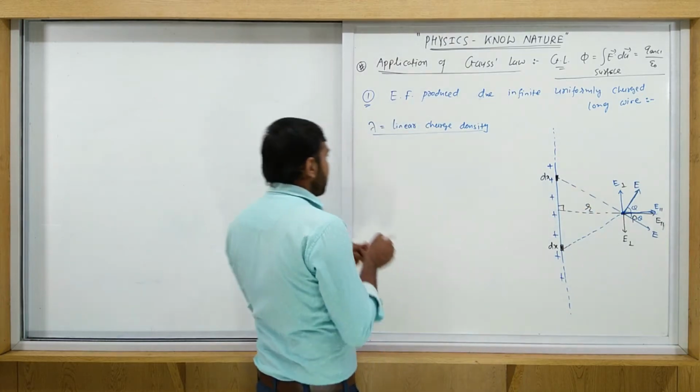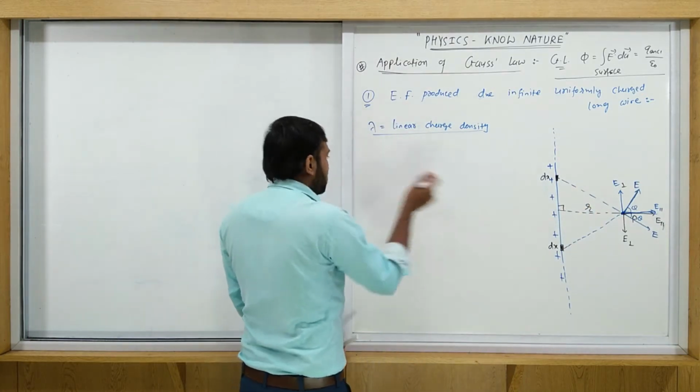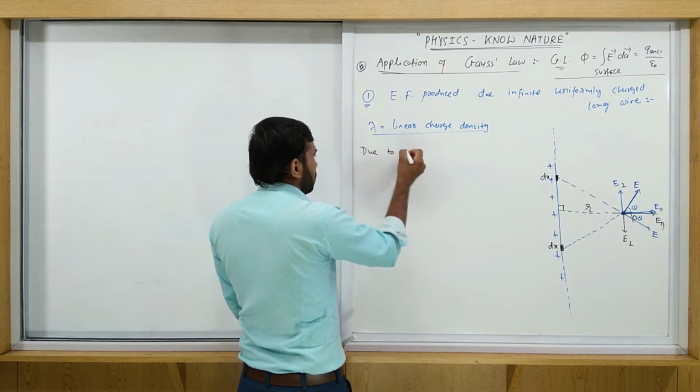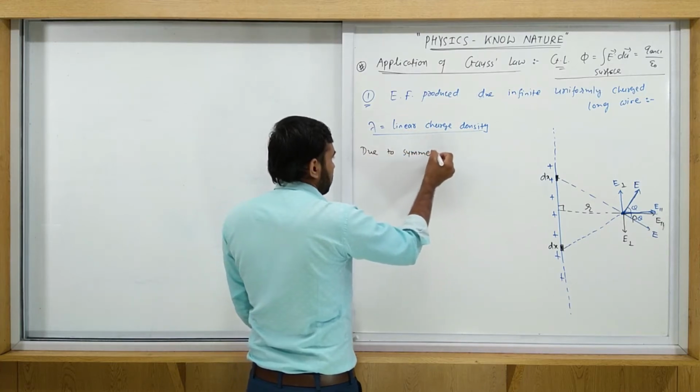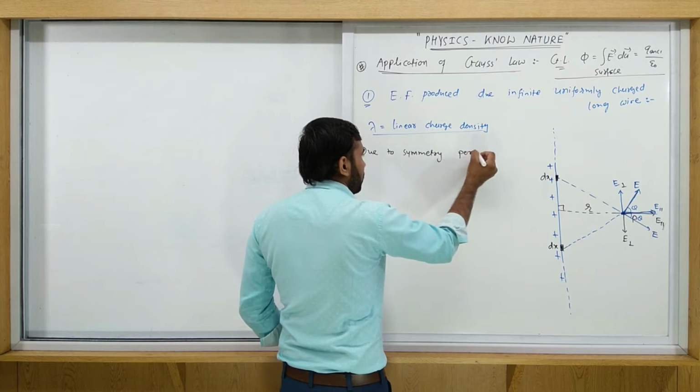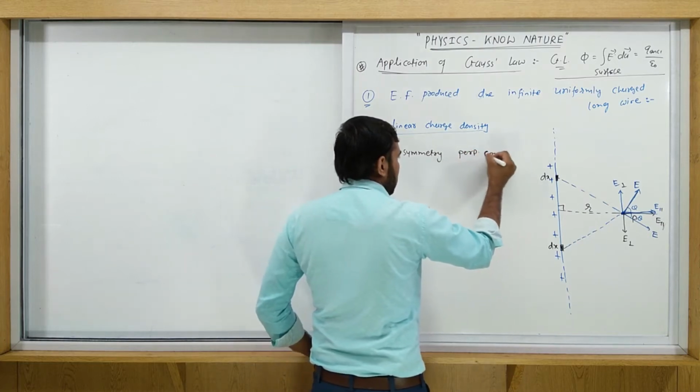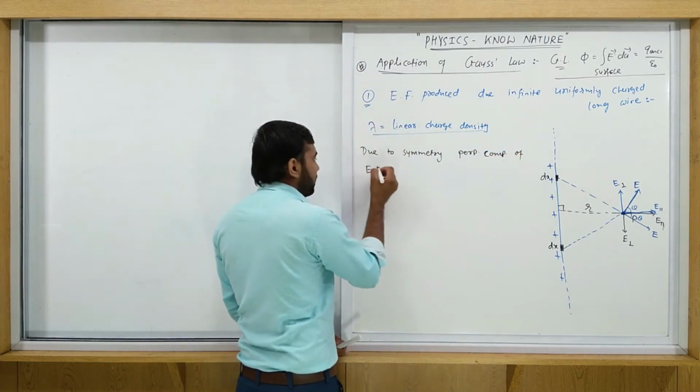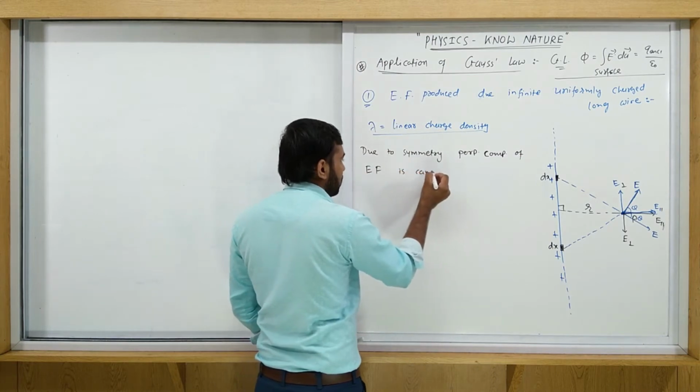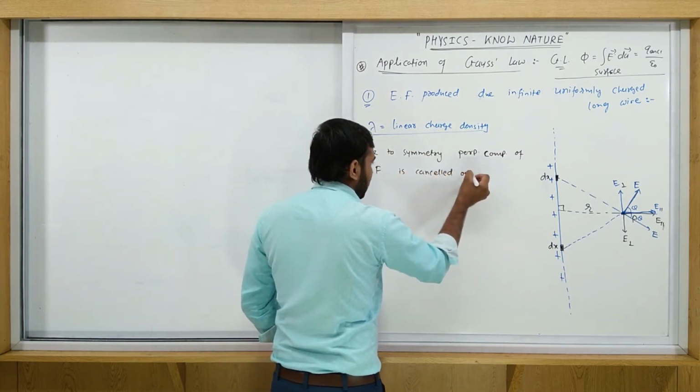So let's write here: due to symmetry, the perpendicular component of electric field is cancelled out.